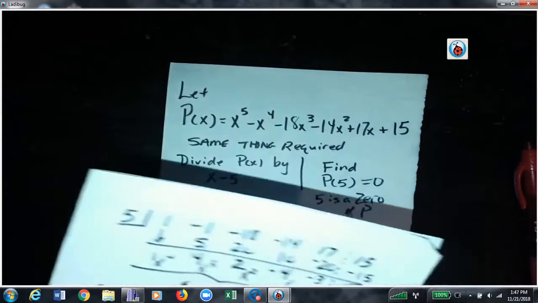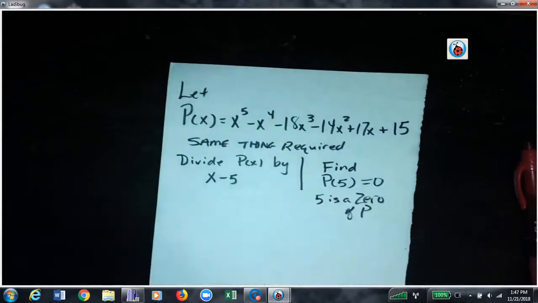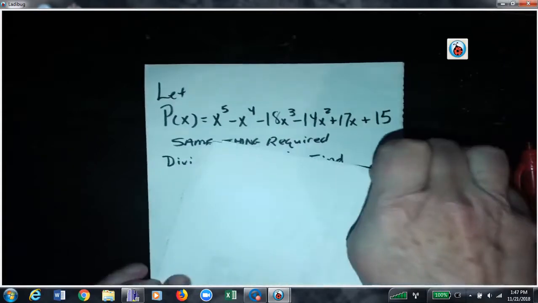Okay, now, what if we have the same polynomial that we're starting with, but now the instructions tell us to do something else. I'm just trying to find some clean paper here. There.